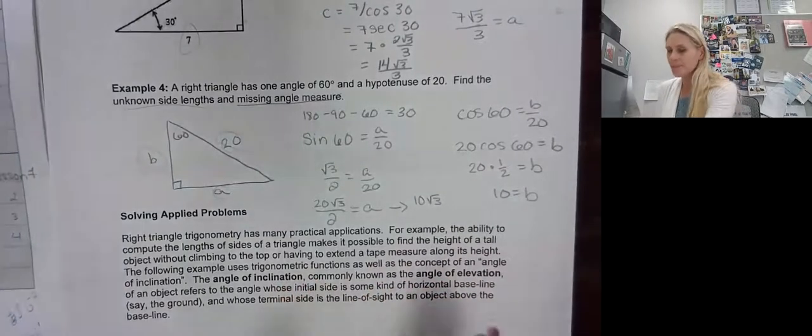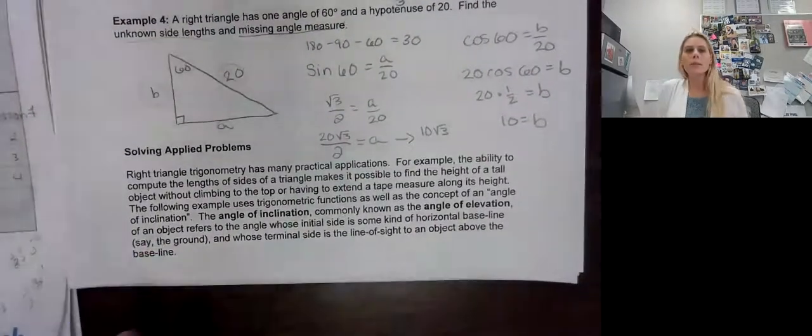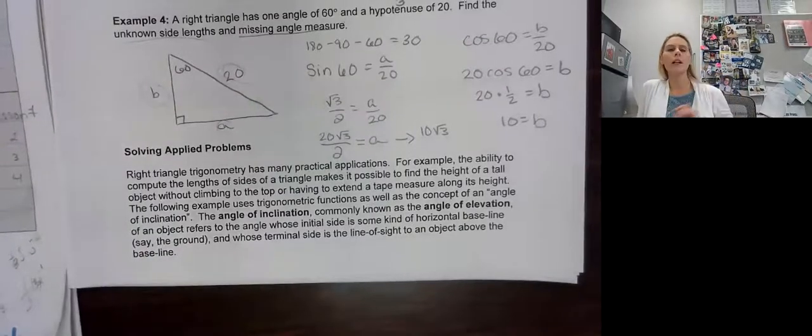Awesome. All right, let's do some applied problems. Right triangle trigonometry has many practical applications. For example, the ability to compute the lengths of sides of a triangle makes it possible to find the height of a tall object without climbing to the top or having to extend a tape measure along its height.